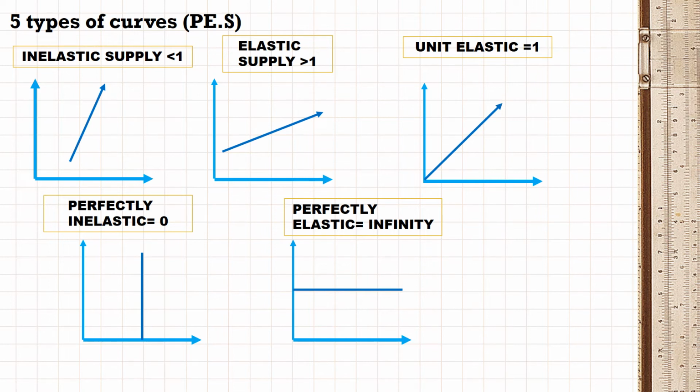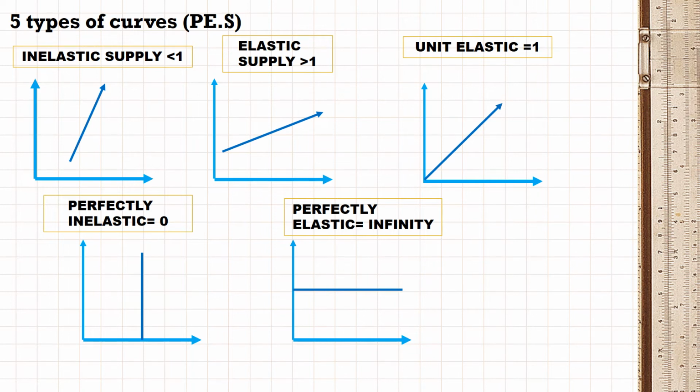Even the unit elastic demand curve was the usual demand curve we draw. It wasn't so flat, it wasn't steeper, it was the normal shape. So here the coefficient value is equal to 1. And then for perfectly inelastic and perfectly elastic supply, the curves are exactly similar to the demand curves.